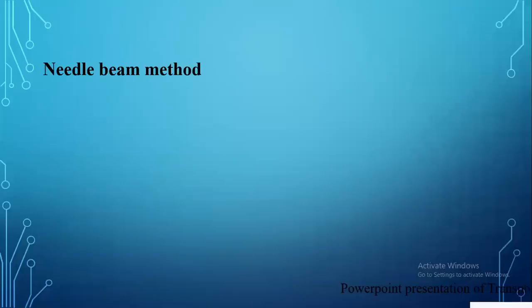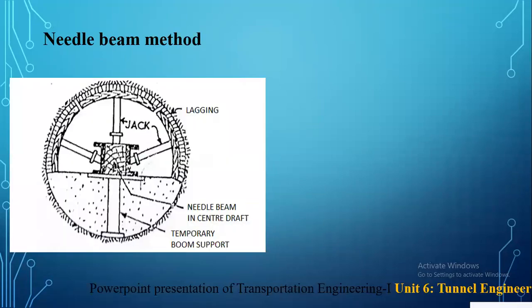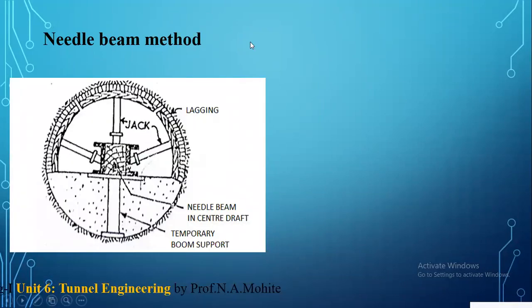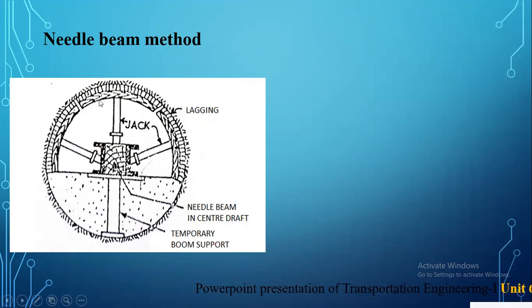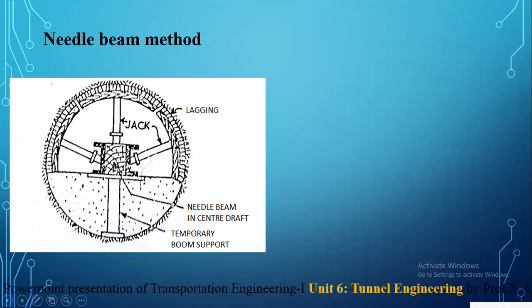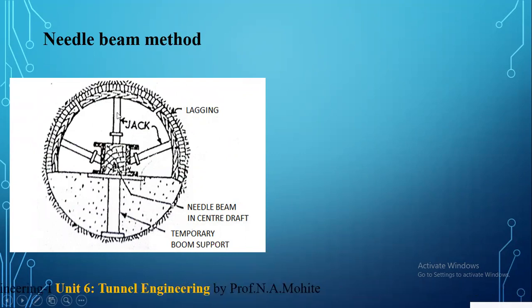Starting with the first, the needle beam method. This method is useful for tunneling in soft ground whose roof soil can stand without support. The soil should withstand without support for a few minutes, and in this method 5 to 6 meter long RS joints are used.